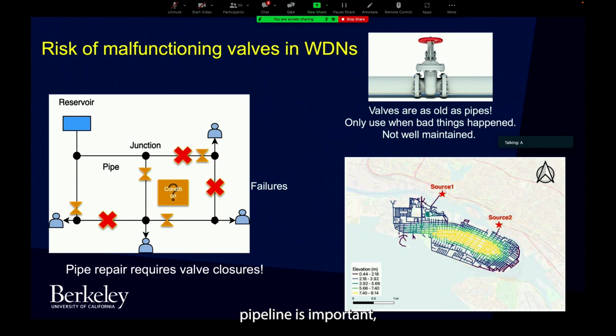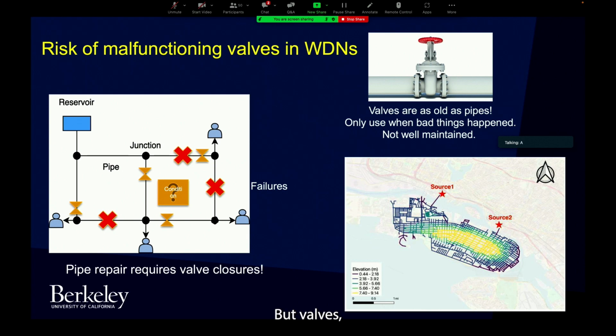Obviously, pipelines are important, but valves are important as well. Valves are as old as pipelines. Damage to pipelines is easy to detect, because if you don't get water, that's it.